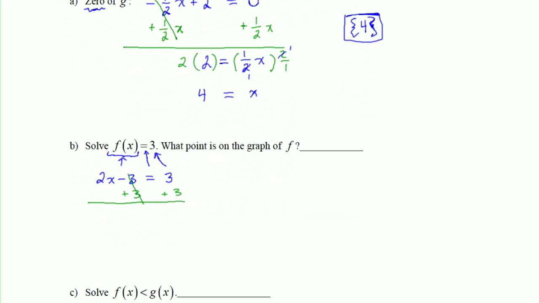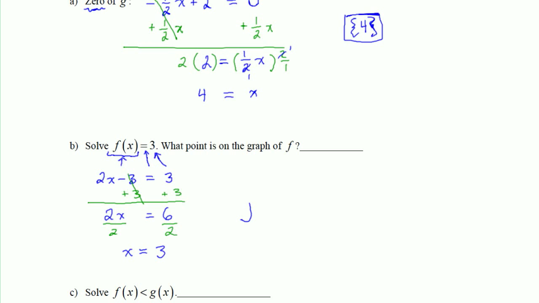Giving me 2x equals 6. If I divide both sides by 2, I'll be done, and I get x equals 3. So my value here then becomes 3 for x.